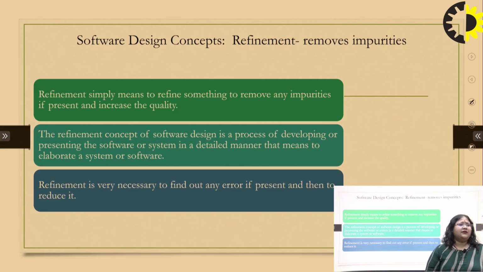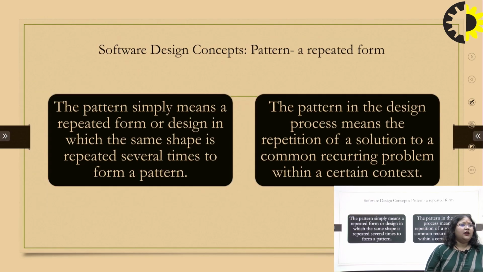We remove all these things so that the system comes in a refined version. This is very necessary to find any error present in the program that reduces the quality of the software. So this is the refinement process, in which we improve the quality of the software.